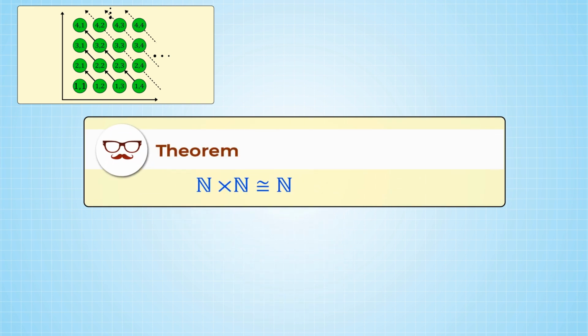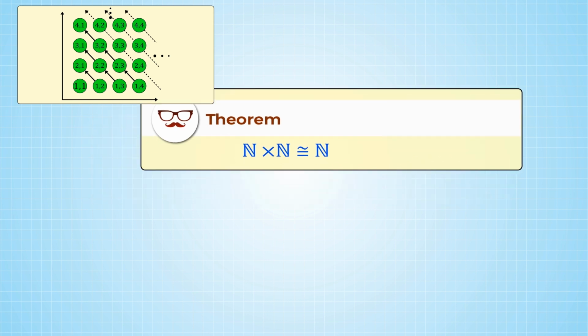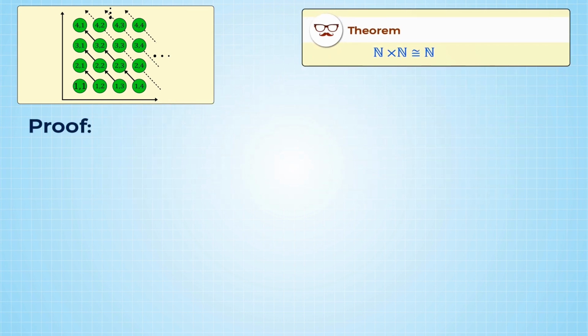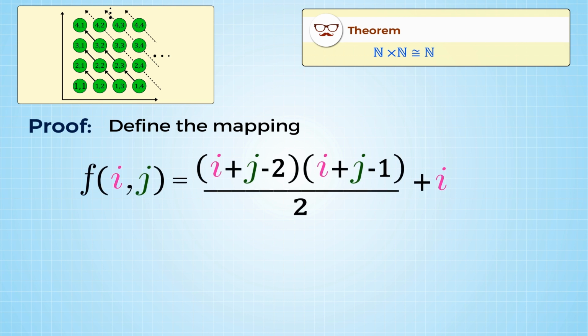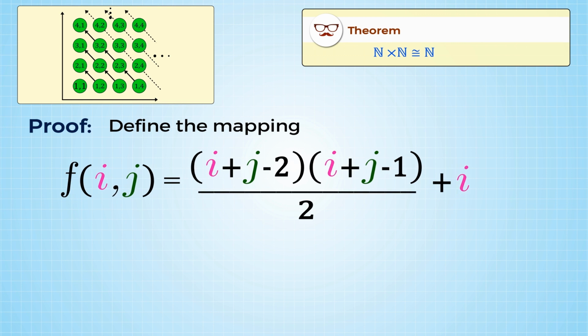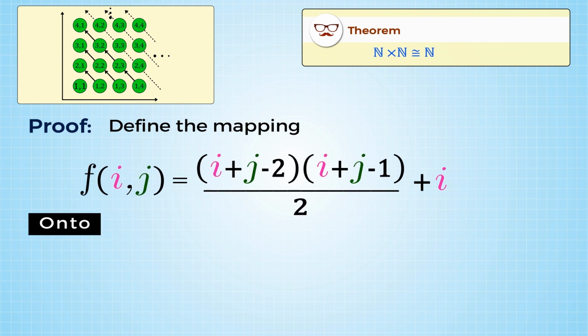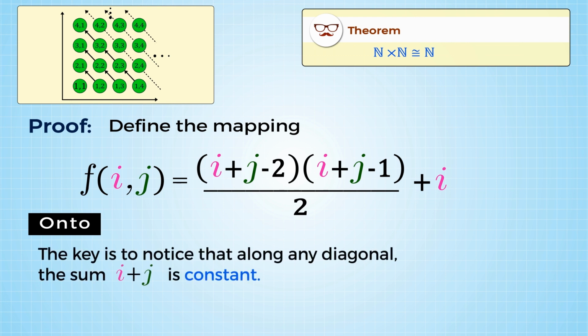Theorem. N cross N is equanumerous to N. Proof. Define the mapping f(i,j) equals (i+j-2)(i+j-1)/2 plus i. Like last time, we're going to prove that this is a bijection. So first let's prove it's onto. The key is to notice that along any diagonal, the sum i plus j is constant.